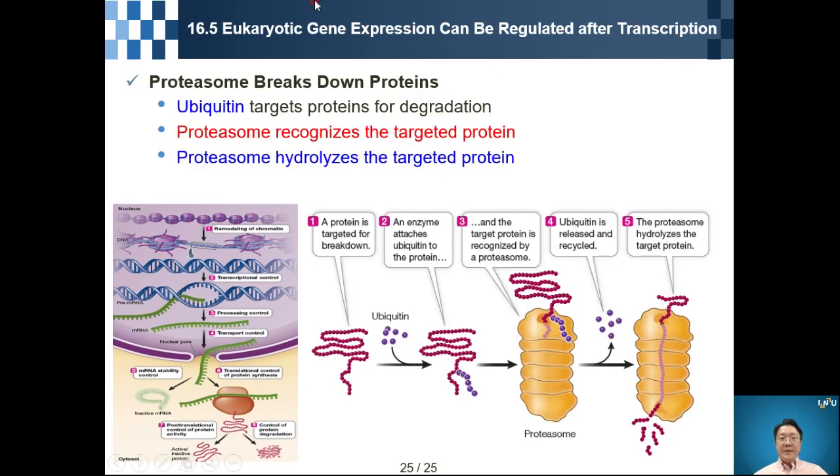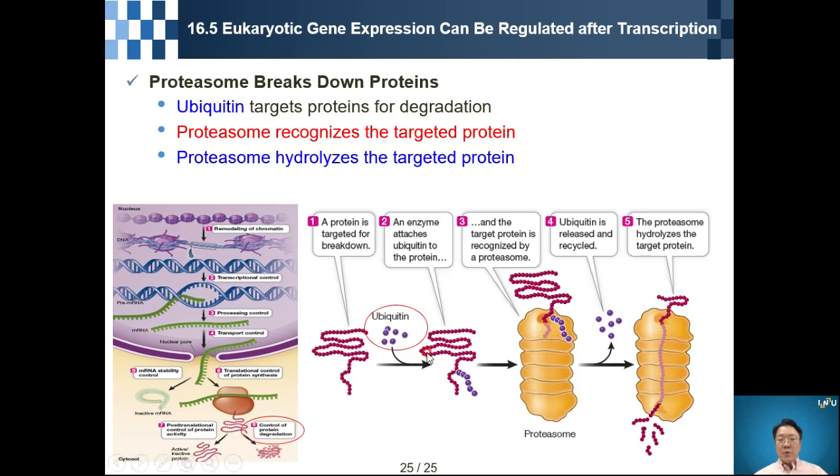Next is that the proteasome breaks down proteins. This step belongs to the control of protein degradation. Usually ubiquitin targets proteins for degradation.